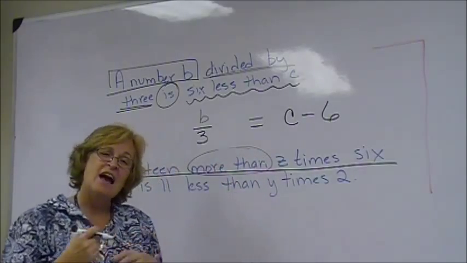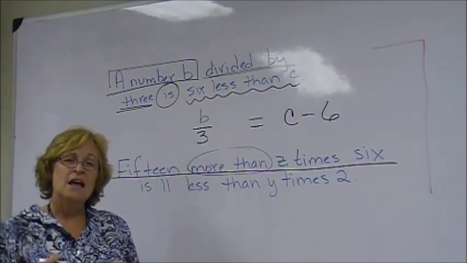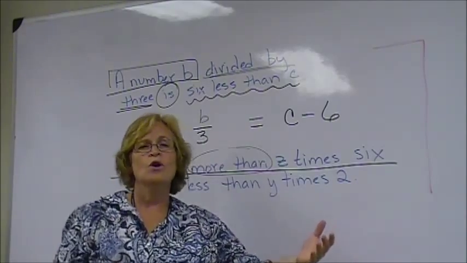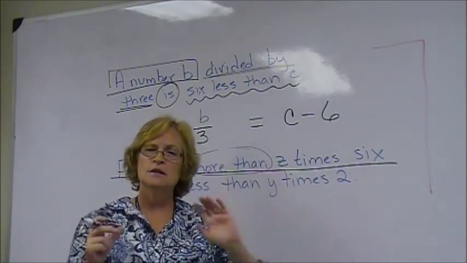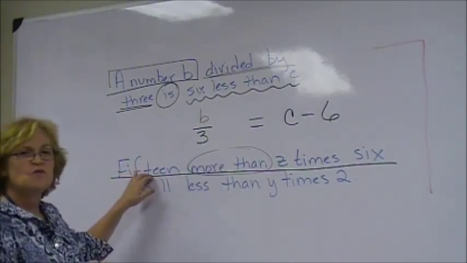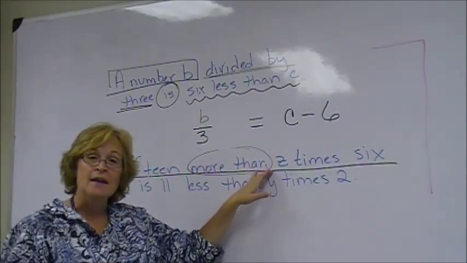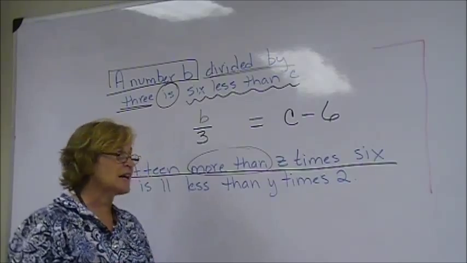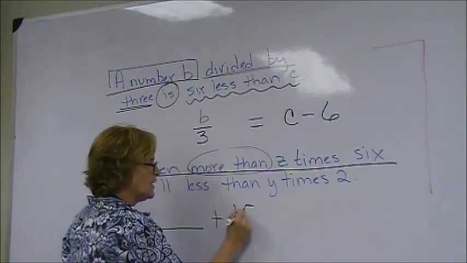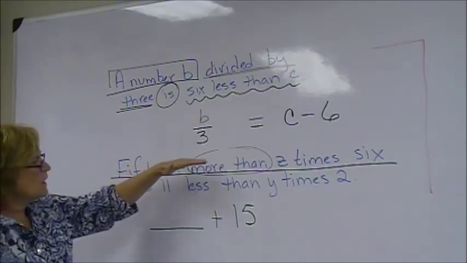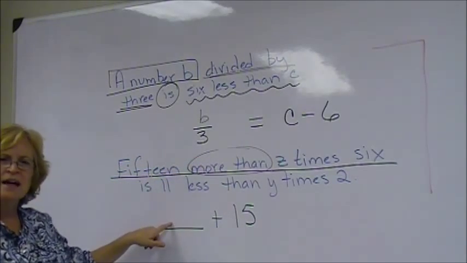So did I have something and I gave 15 to it? Or did I have 15 and I gave something to it? Let's read and see. 15 more than. Well, to me it sounds like I had something and then I added 15 to it. So that's this part right here. I just don't know what I'm going to put here yet.